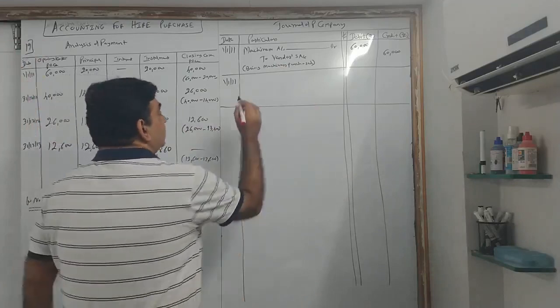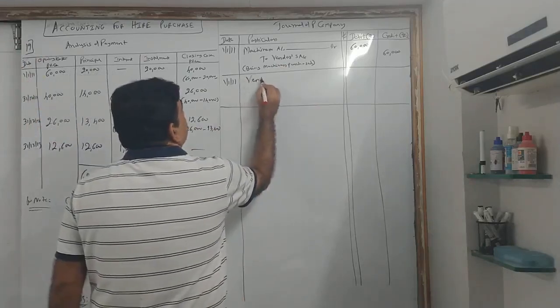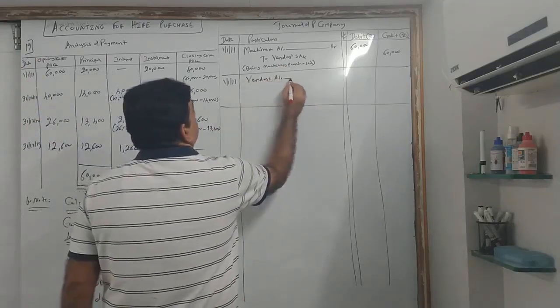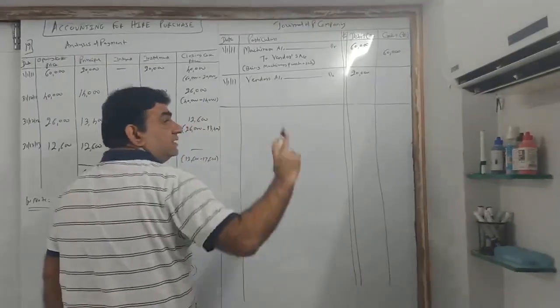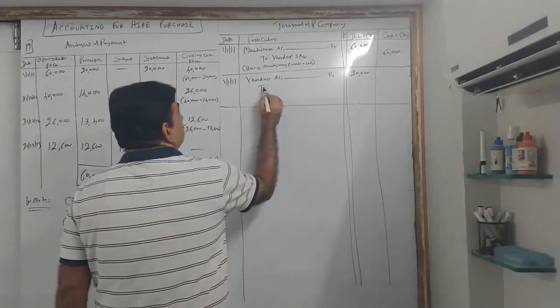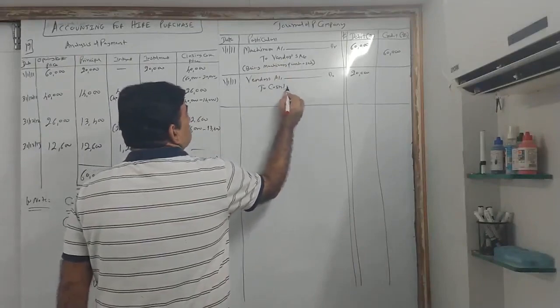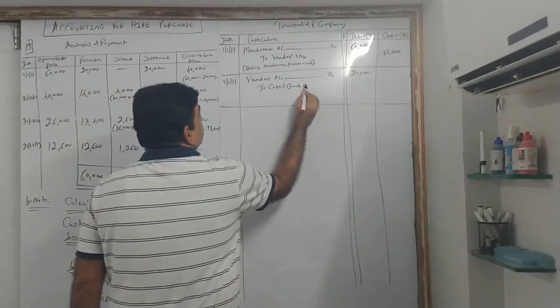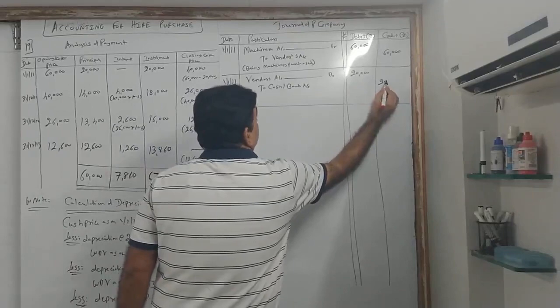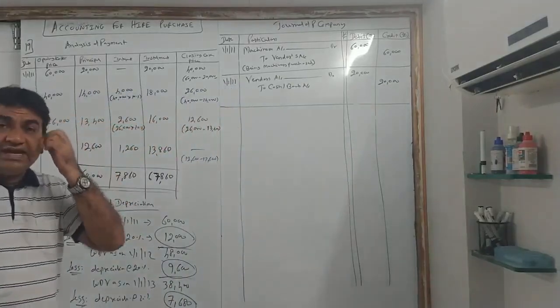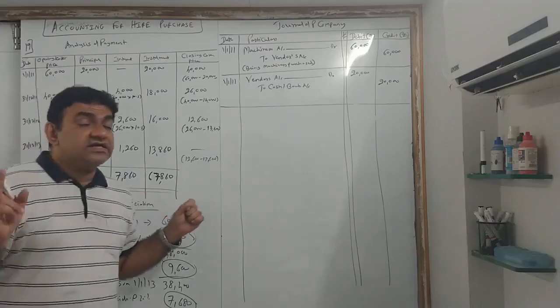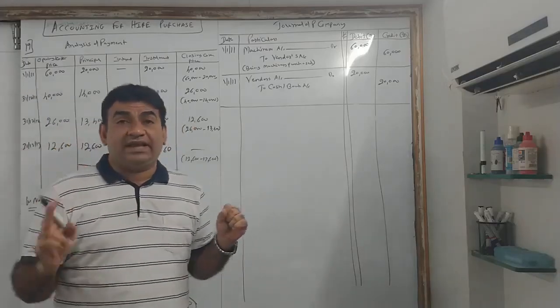I am making the payment to the vendor. Vendor is the receiver, so I will debit vendor's account by 20,000. Making payment, money goes out, so to cash bank 20,000. So my entry becomes vendor's account debit to cash bank.